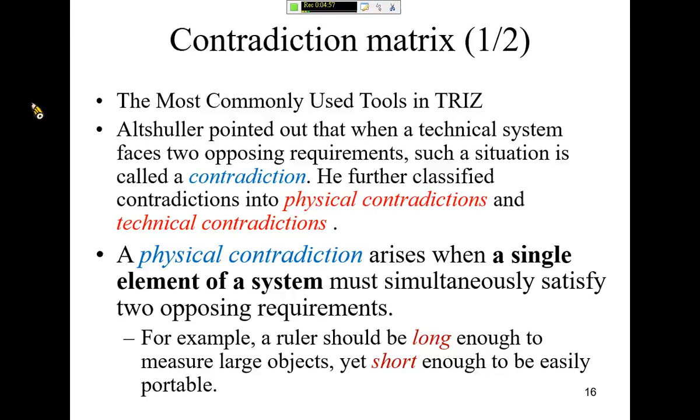So that's a physical contradiction. The parameter is the same one: the size should be long and short at the same time. One single element, in this case, is the size.